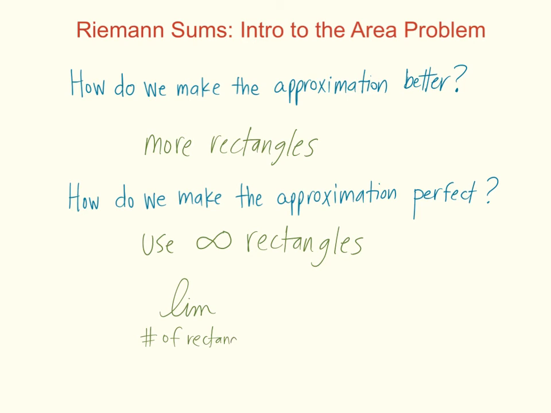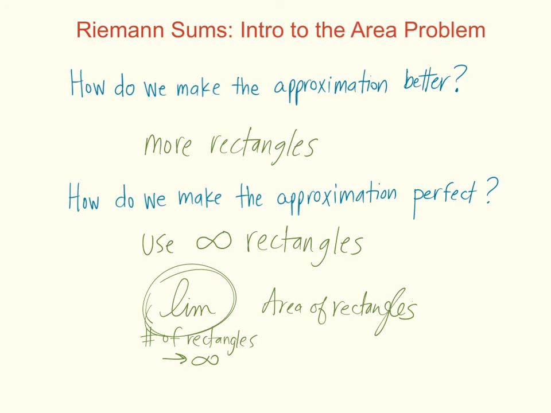This is not anywhere close to what it officially is going to look like. And once again, everything depends on limits. So that's how we're going to solve the area problem. For right now, just getting a head start with Riemann sums.